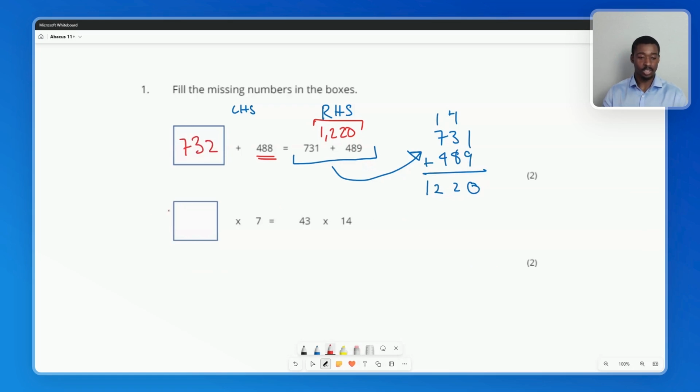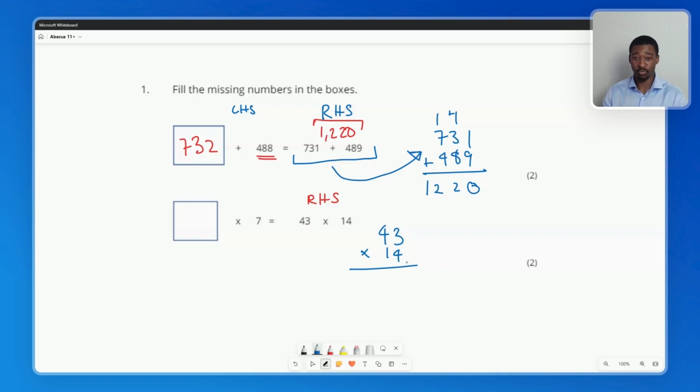Now, for this next part, at the bottom, we have something times 7 equals 43 times 14. So let's again start by working out this right-hand side of the equation where we have all the values. So 43 times 14. Again, we can simply work this out using our normal simple column method.